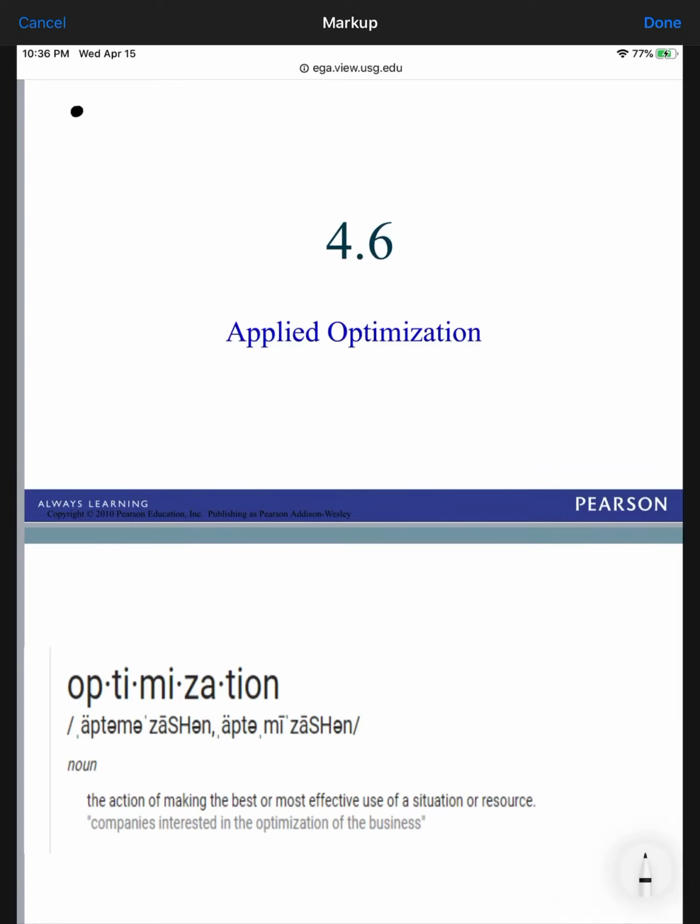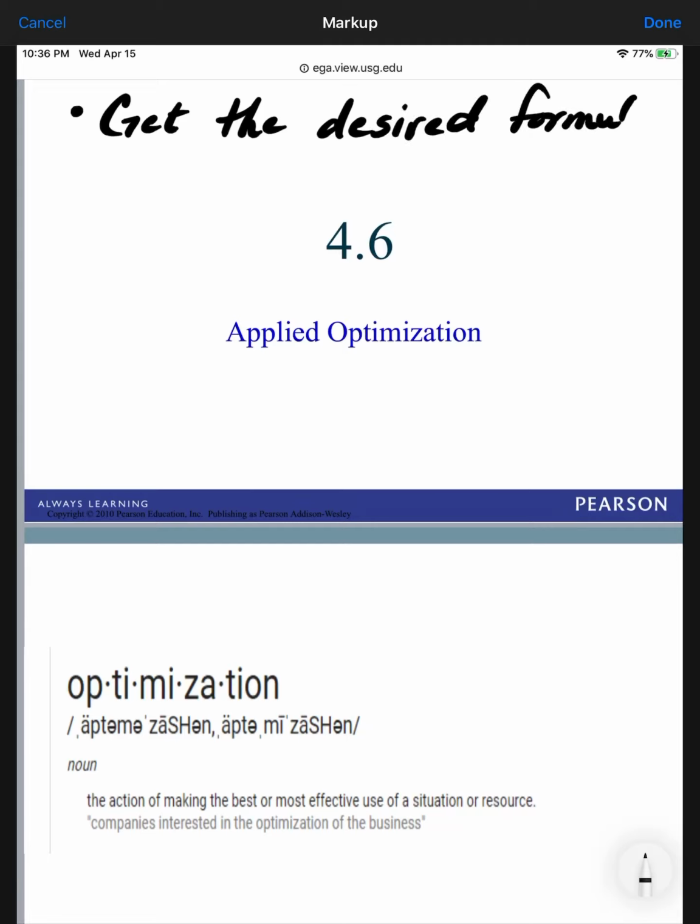Applied optimization. Number one, get the desired formula. Derive it. Derive that formula.